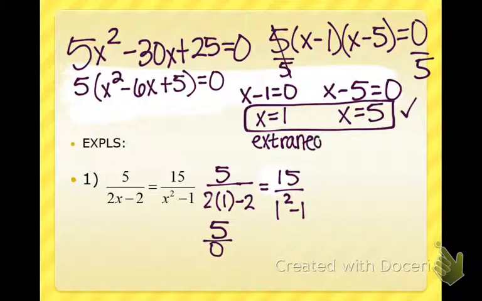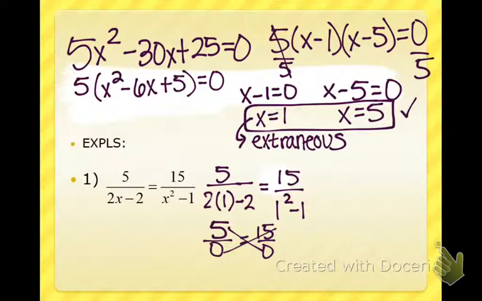If you want to just put EXT, that's fine. Okay, that one's extraneous. It doesn't really work because we cannot divide by 0. Even though we would divide by 0 on both sides, you can see it just doesn't work. Not okay.